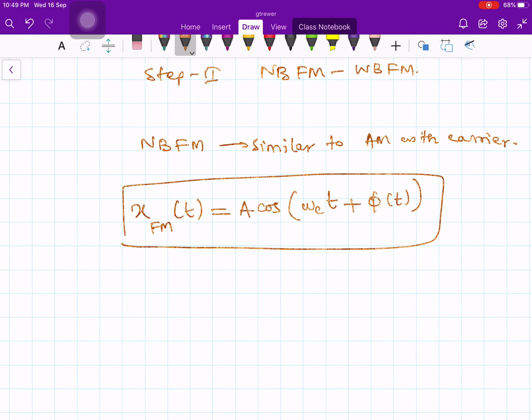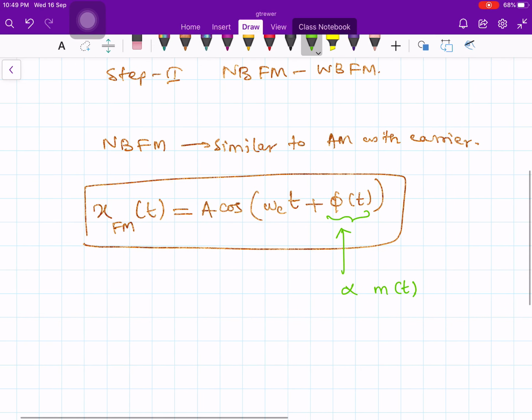Let us choose this function phi(t) as proportional to m(t). If phi(t) is proportional to m(t), then you will get a phase modulation. We already discussed this.